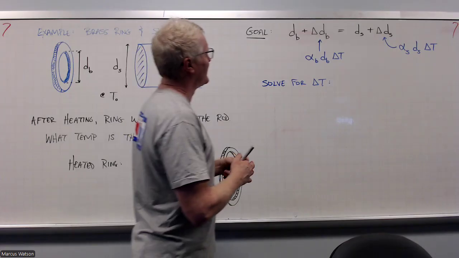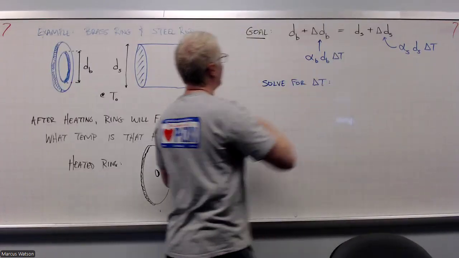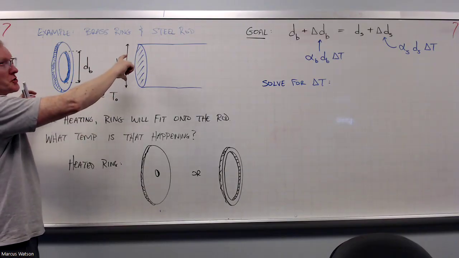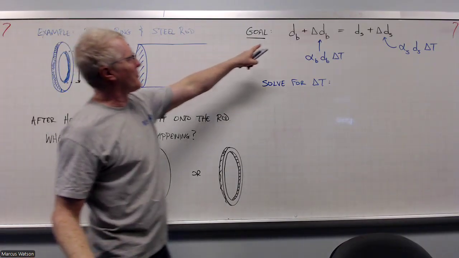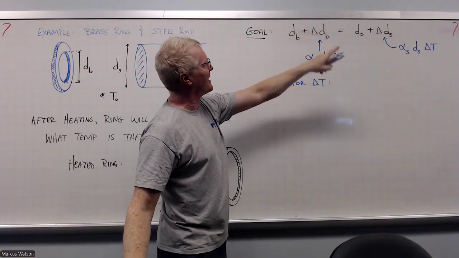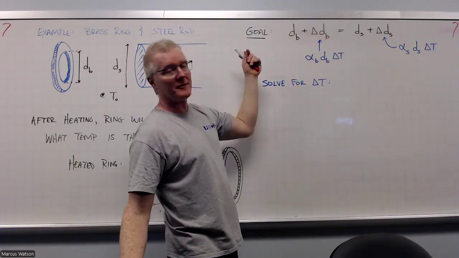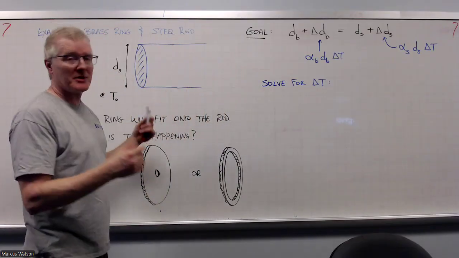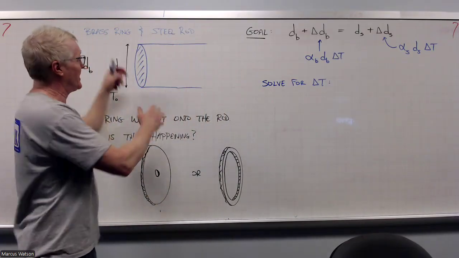So, all right, let's suppose that in the initial case, we know that the steel rod is larger. So I'm going to take the brass diameter over to that side, and I'm going to take the delta D of the steel to this side, because that's got to be less. So I'm going to try and end up with 2 positive quantities here, right?